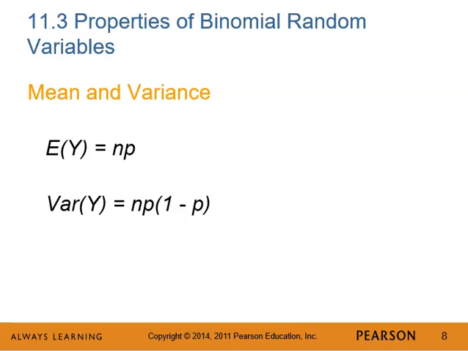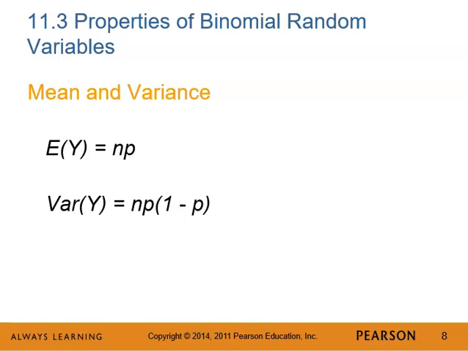So np, as simple as that. You don't need to go through lots of calculations. n is normally given, the probability of success is normally given, or it's really simple to calculate, and you just multiply them. And how about the variance?